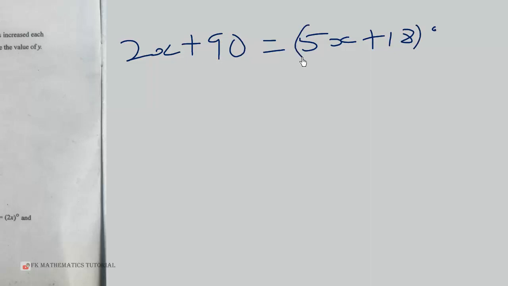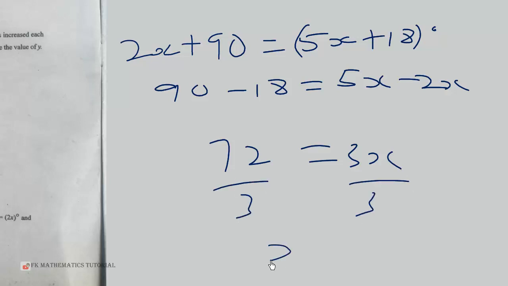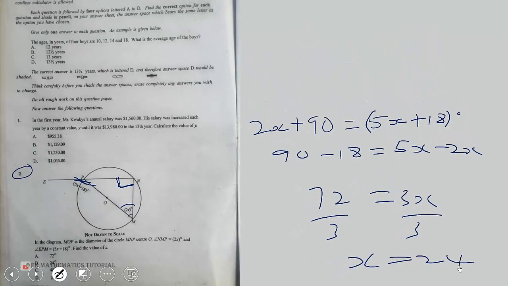So we make x the subject. 90 minus 18 will be equal to 5x minus 2x. So 90 minus 18 is 72, which is equal to 3x. So 72 divided by 3 will give us 24. So x will be equal to 24 degrees. So the answer is B.